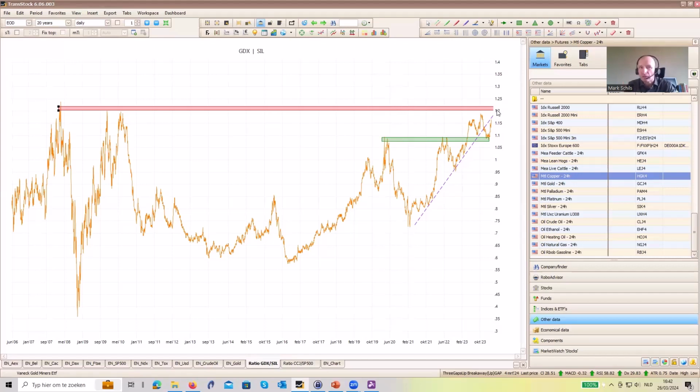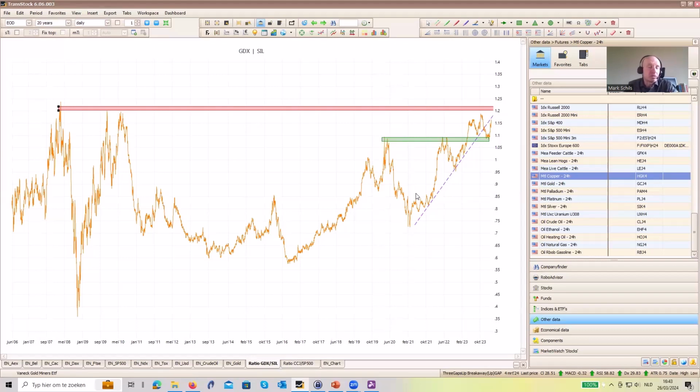That needs to be watched in the following weeks or months. And for me, it's really important that the ratio, the orange line, goes downwards. When this orange line is going downwards, then we see a big bull trend in the gold and the silver mines.